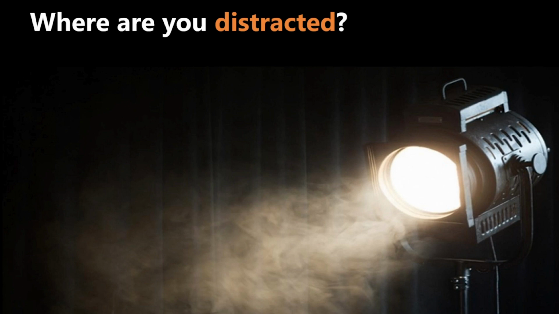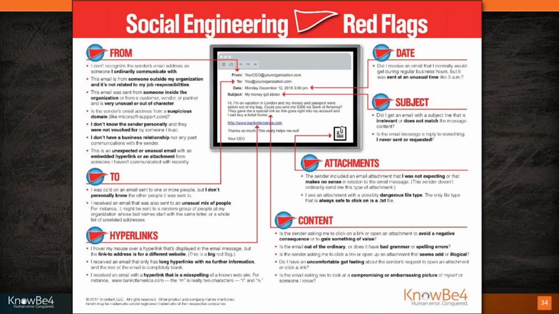Now, here's a couple of the red flags that we try to teach people. There's 22 of them. Basically, it comes down to things like this. Did I get an email from my HR department at 2:00 in the morning on Saturday? And is that unusual? If it is, maybe I need to pay a little bit more attention to this thing.